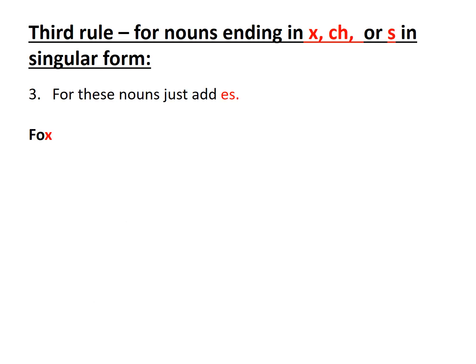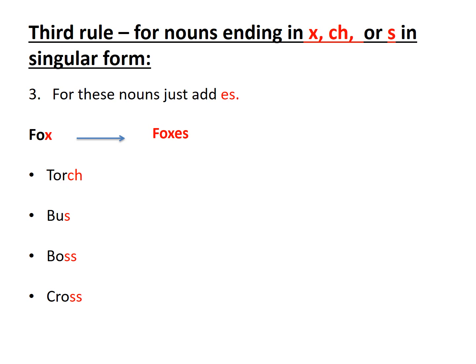The third rule for nouns concentrates on those ending in an X, a CH or an S. For words ending in these letters, you simply change the ending to add an ES at the end. So for example, fox becomes foxes. Now you try with these 4 words with different endings.